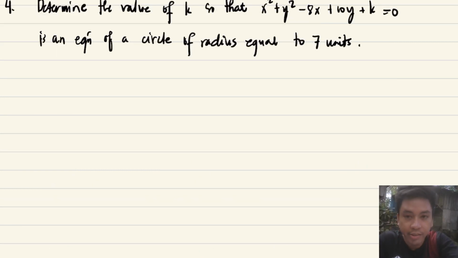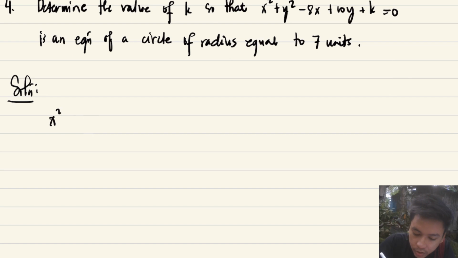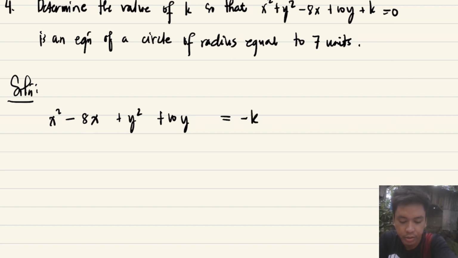Okay, so let's go to the last problem, which is problem number 4. Determine the value of k so that x squared plus y squared minus 8x plus 10y plus k equals 0 is an equation of a circle of radius equal to 7 units. In order to solve that, we have to arrange this. So x squared minus 8x, then y squared plus 10y, and I will transfer k as -k to the other side.